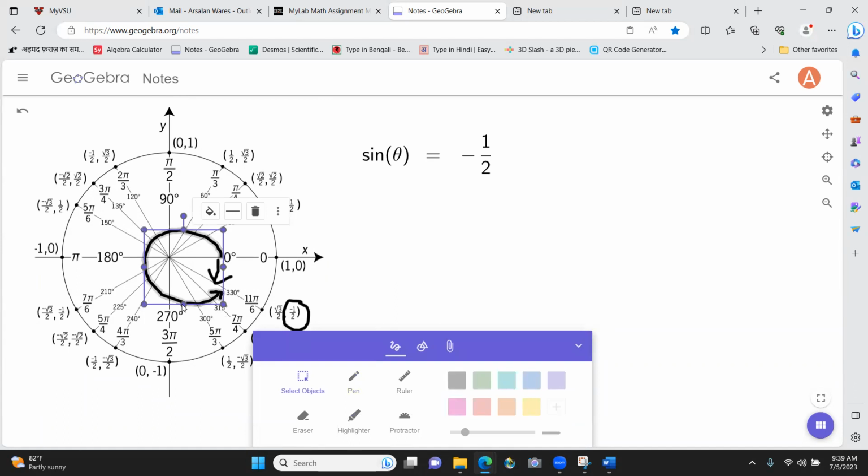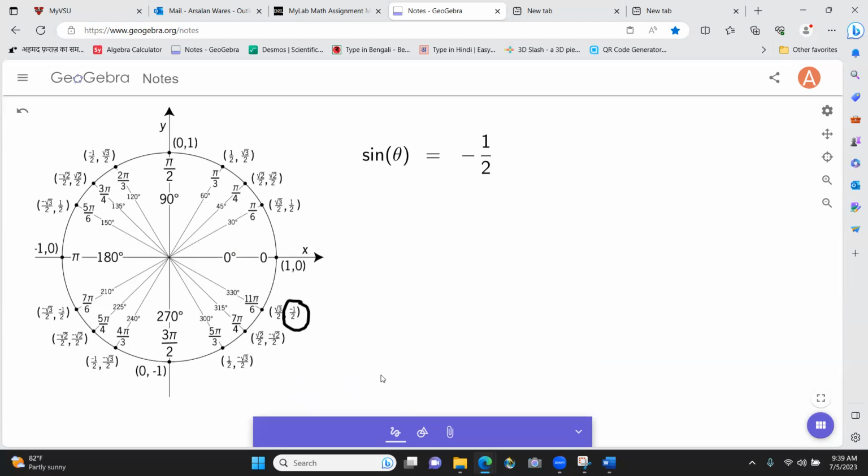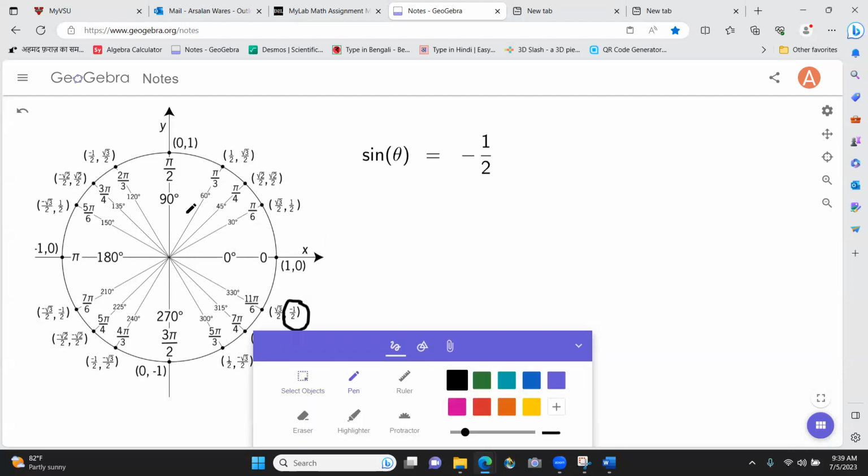So for sine, if I ask you to find the angle and I give you a value, you only look at this area. Now you might wonder why. Well, the other part is exactly the same. The sine value is negative half here, and negative half here. So they want to make sure everybody gives a unique answer.